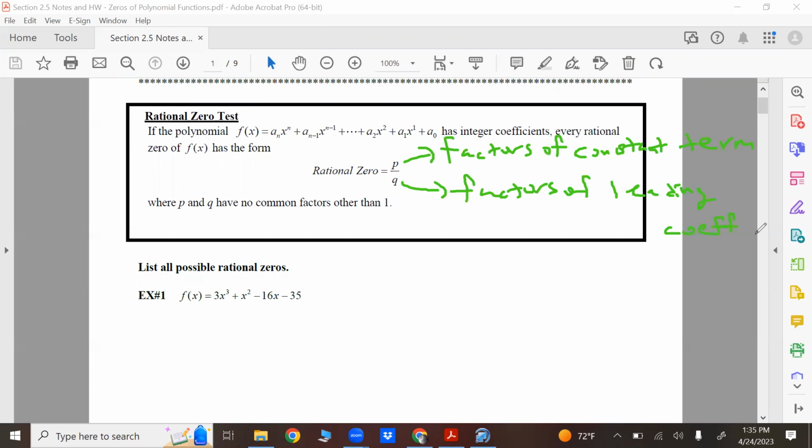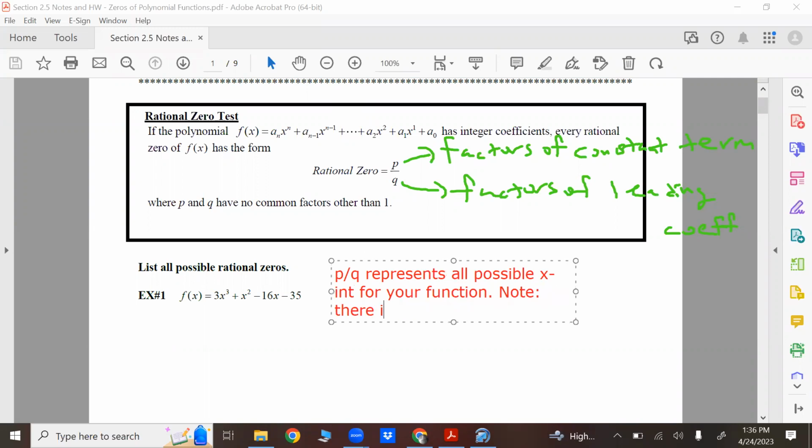Now, when you divide those two together, that's going to represent the possible x-intercepts for your function. So let me write that as a text box. P over Q represents all possible x-intercepts for your function.